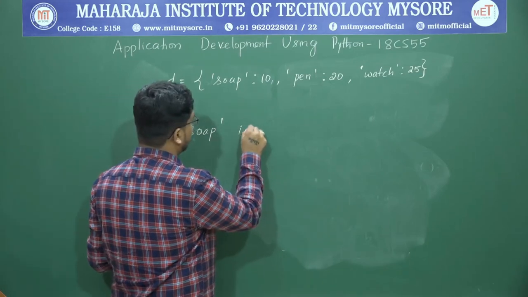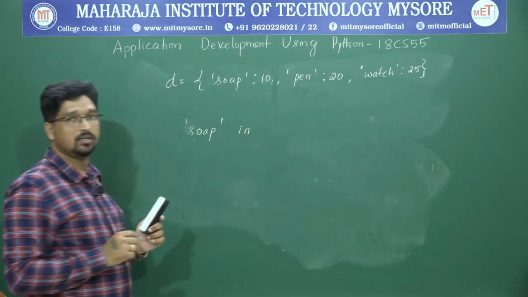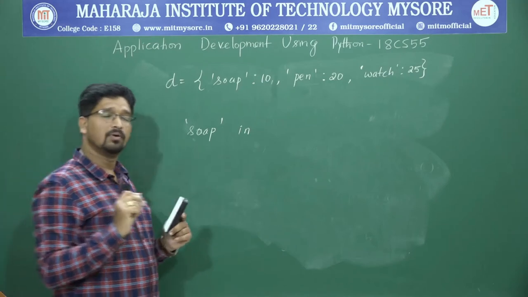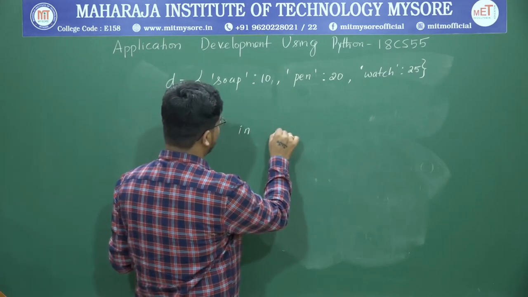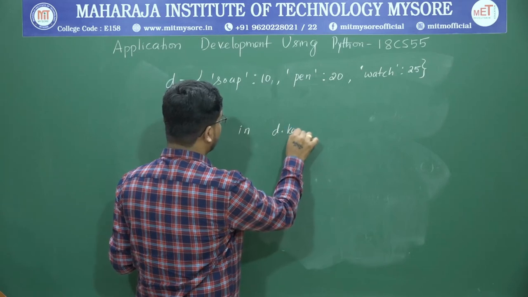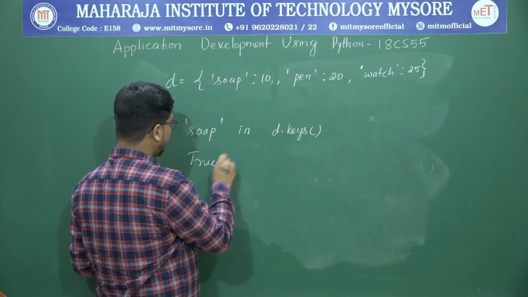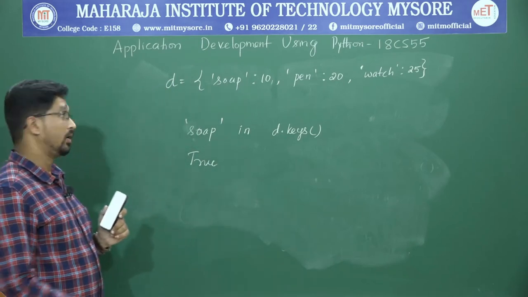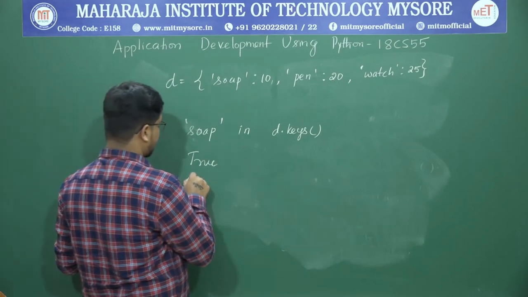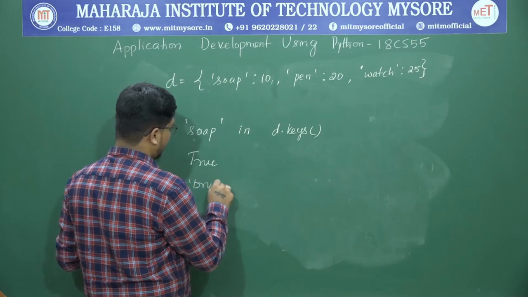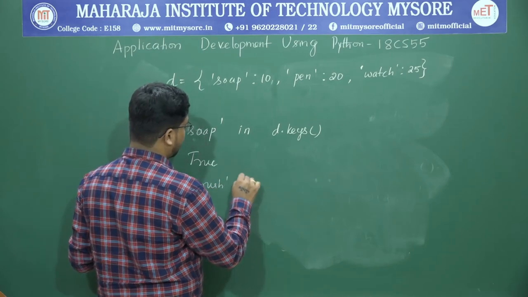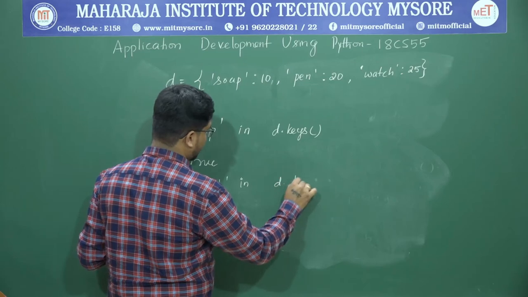Soap in, where am I checking the soap item? In the keys. So for that you should write d dot keys. Then you will get the result as true. Let us say brush in d dot keys.